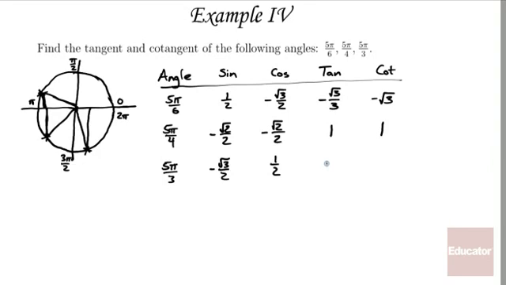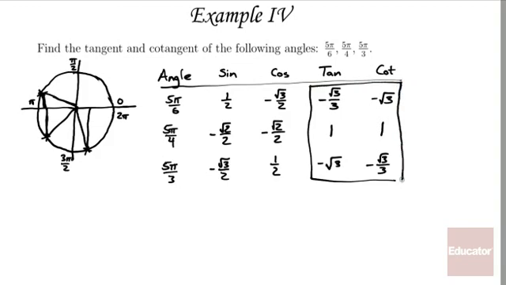Tangent is sine over cosine, so that's root 3, and that's negative. And the cotangent is cosine over sine, so that's 1 over root 3. So that rationalizes to root 3 over 3. And that's also negative. So those are our answers right there.